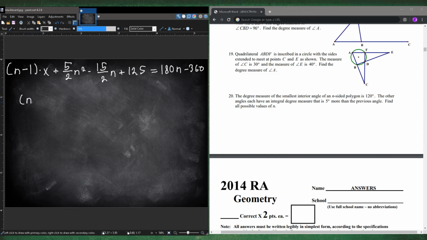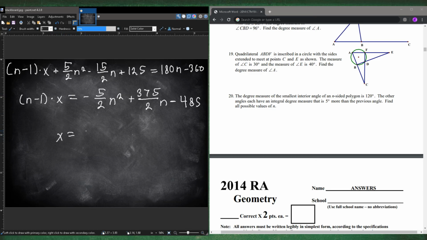So we have n minus 1 times x is equal to negative 5 over 2 n squared, plus 180 plus 15 divided by 2, which is plus 375 over 2n, and that is just minus 485. And that will be equal to our x.